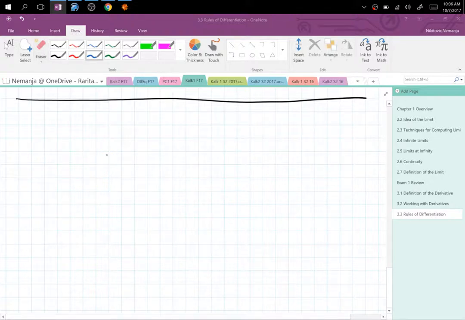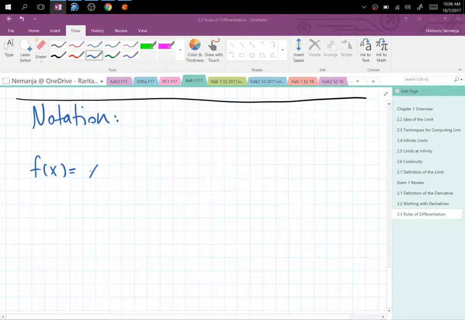Further, when we're talking about derivatives, you can write derivatives in line or start a new line. So I'm going to give you 2 examples. This is notation, so that everyone understands what you're talking about. You can say f of x equals x to the 5. And then you can go to the next line and say the derivative is equal to 5x to the 4.